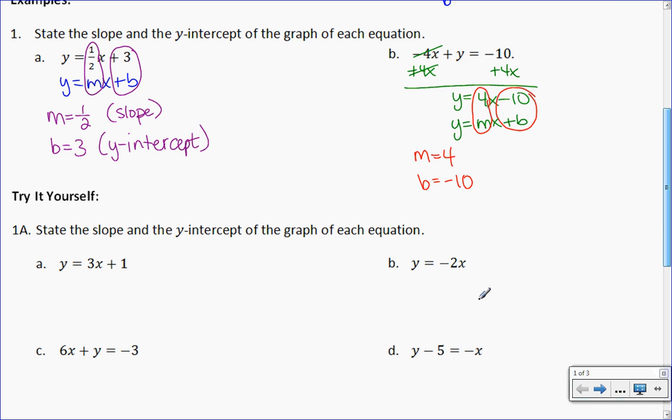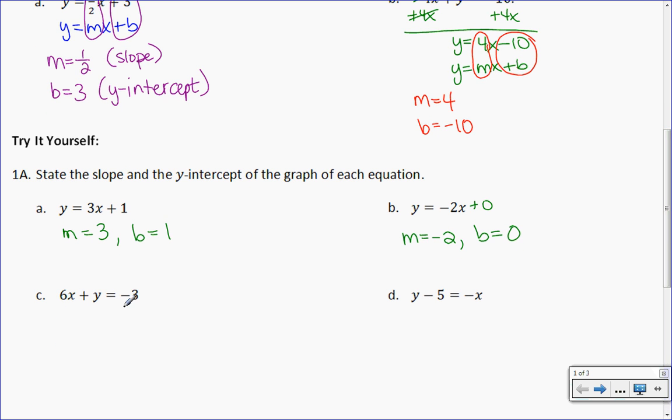Okay, for A, the slope m is 3, and the y-intercept b is 1. For B, the slope m is negative 2, and the y-intercept b is 0, because this is like y equals negative 2x plus 0.